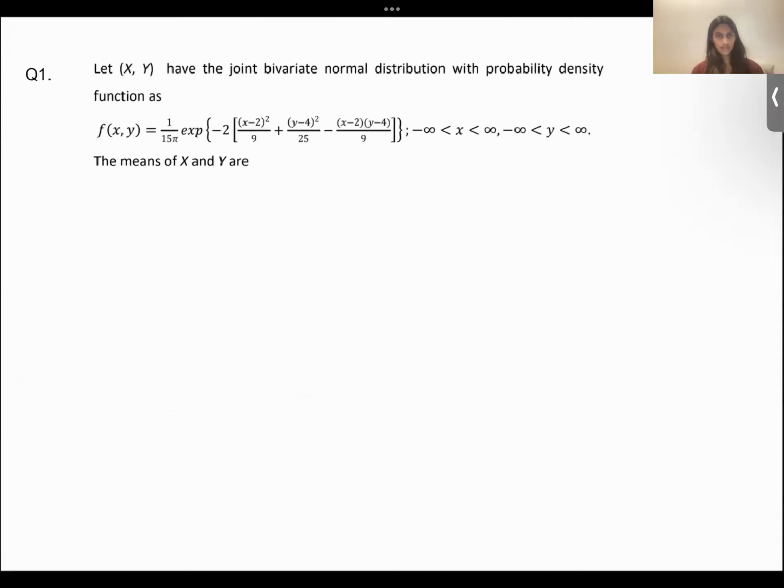Let us now move to the problem solving session. I'm not able to change my slides. Before that, let me just paste that formula for you.